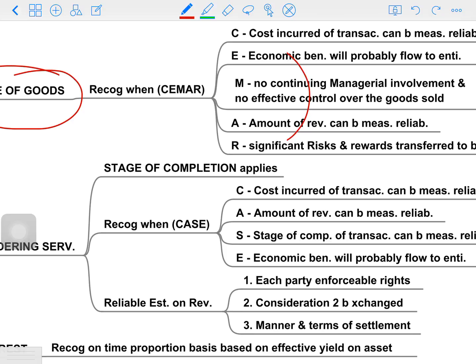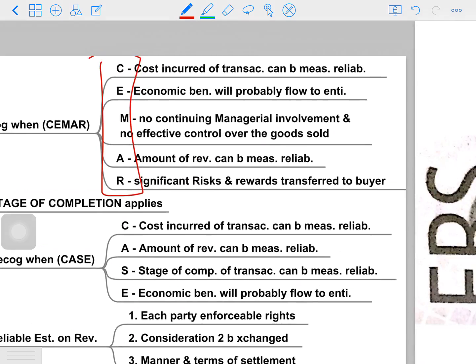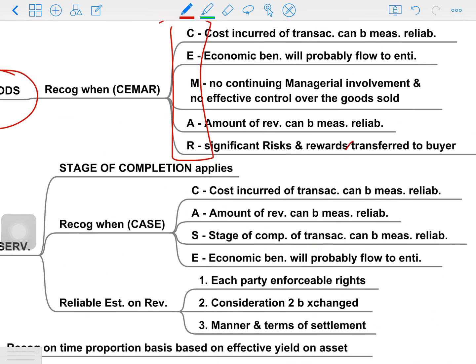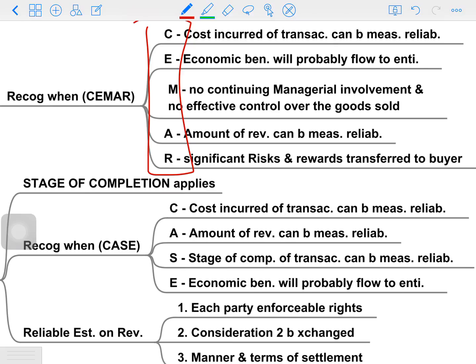Okay? For example, sale of goods. When should you recognize revenue for sales of goods? You should recognize revenue for sales of goods when it fulfills this requirement. First, it's mentioned here that cost incurred can be measured reliably.